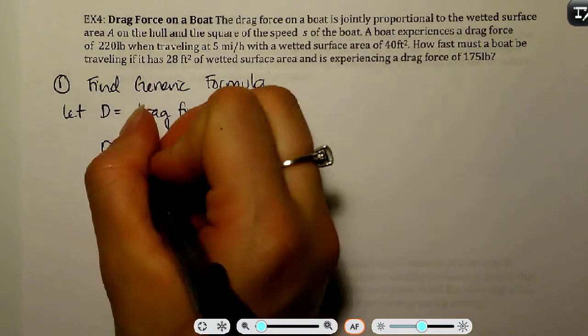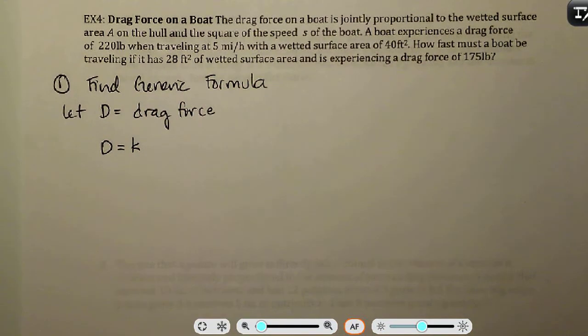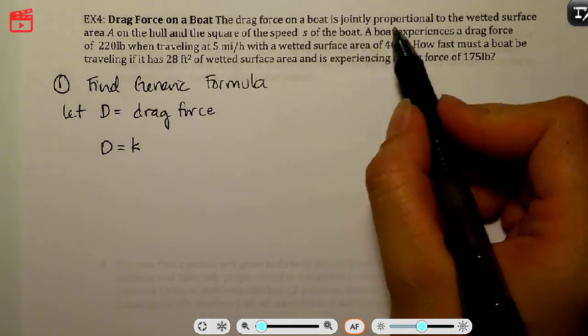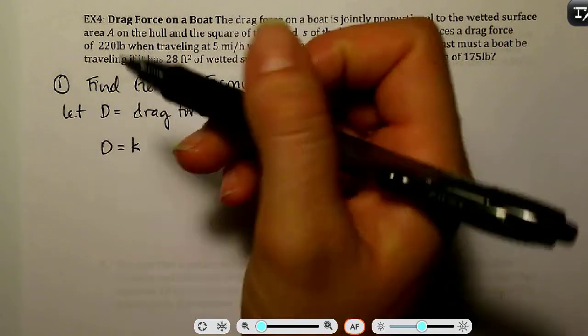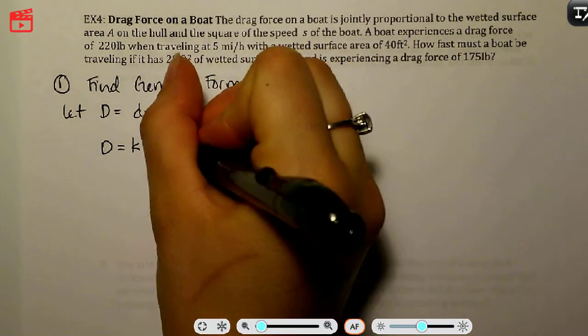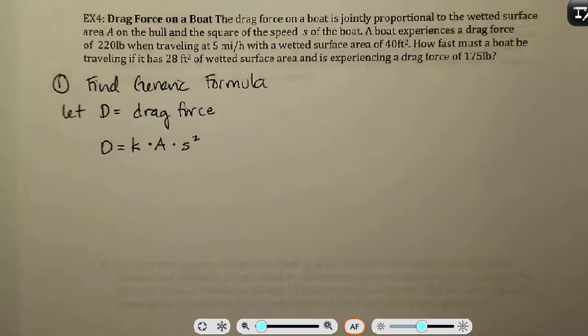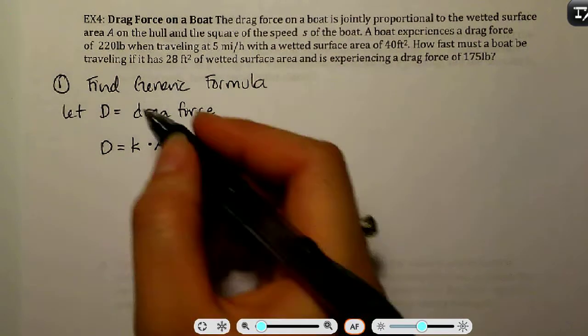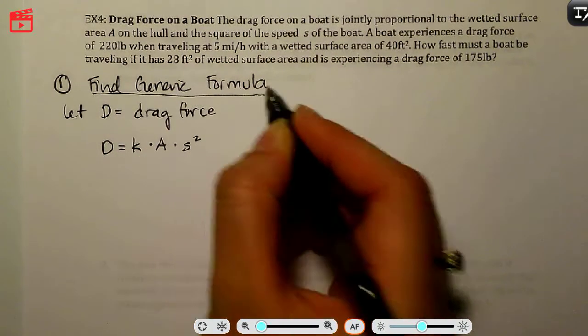Well, once I see that, remember, just plop down your constant of proportionality or variation. It's jointly proportional to the wetted surface area A, so times A, and the square of the speed S. Oh, and that's all that happens there. Okay, so that was our generic formula.